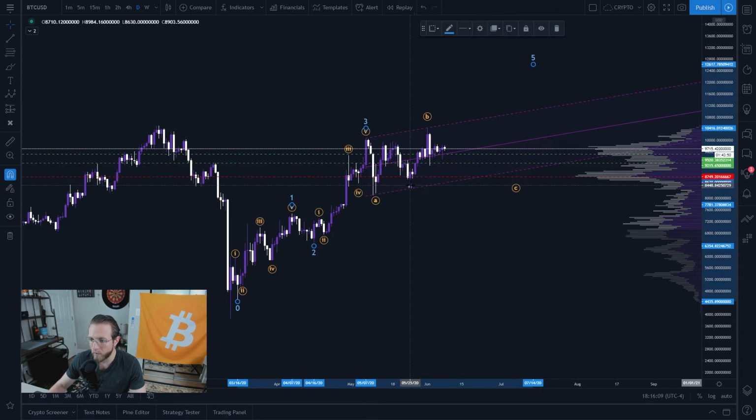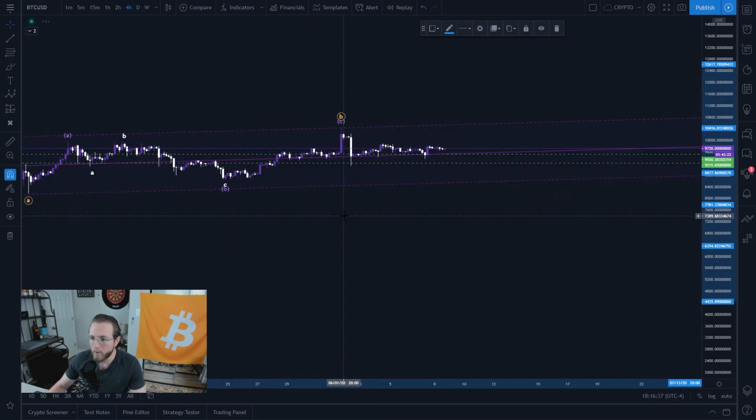I'm not really a professional when it comes to Elliott-Wave or fib time analysis, but it just doesn't look right to me. This does not look like a corrective sequence. This whole thing looks like a corrective sequence to me, where maybe we could come up here and test these levels around 10.4 or 10.3 one more time, and then come down and retest the bottom of this channel.